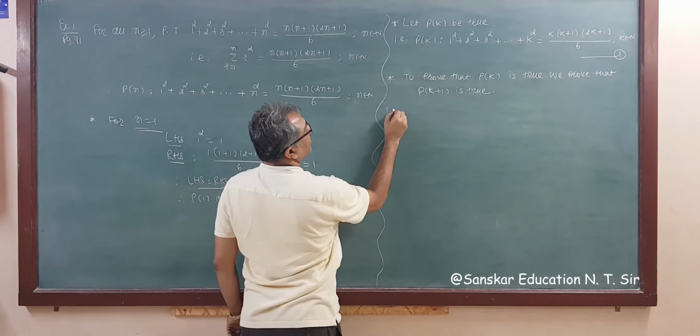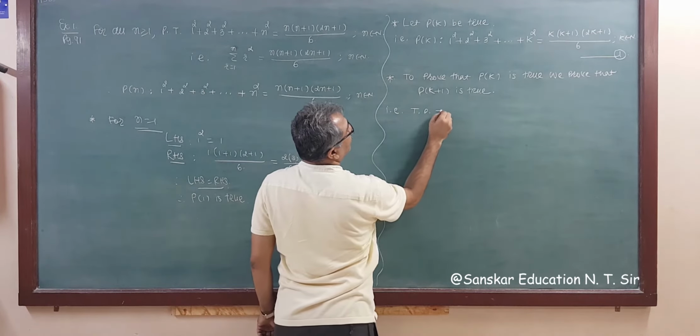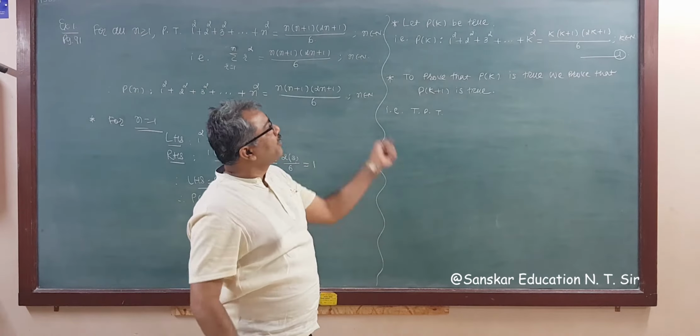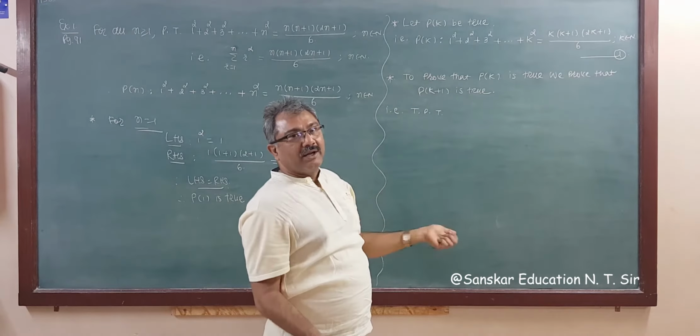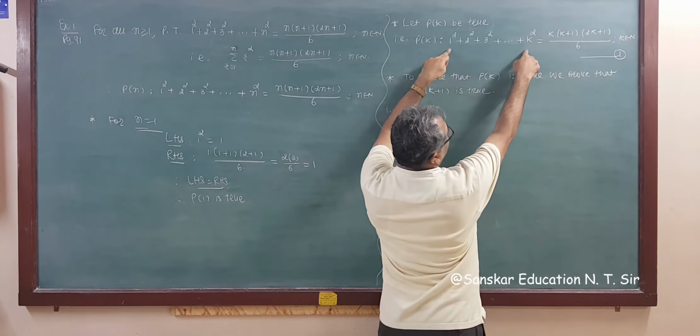That is, to prove that, now you know you have to replace this k by k plus 1. So what to do? Write down the left hand side of Pk as it is.